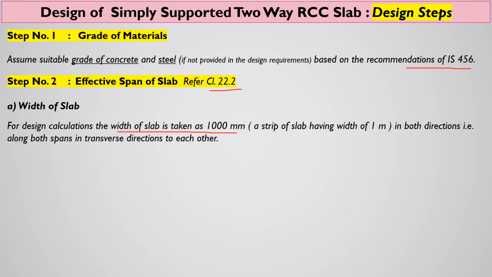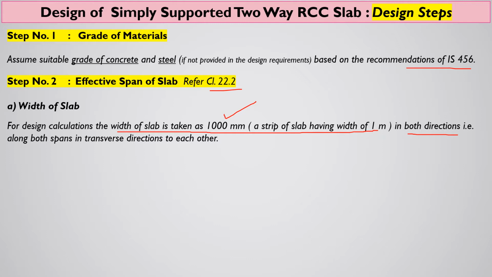That means we will be selecting a strip in the middle of the slab, since it is a simply supported type of slab. So a strip of 1000 millimeter we will be picking, and here it is different from a one-way slab, because we have to take both the directions into consideration, that means both the spans, whether longer span or shorter span.